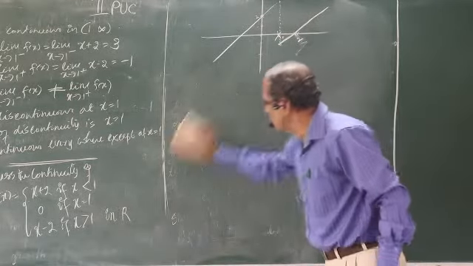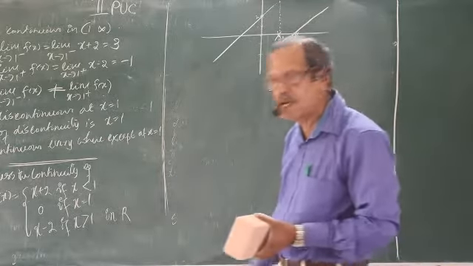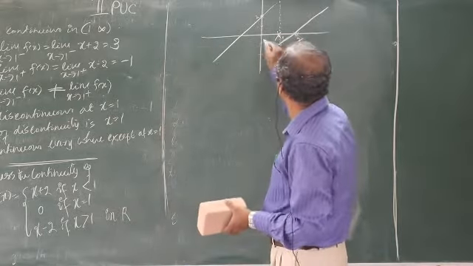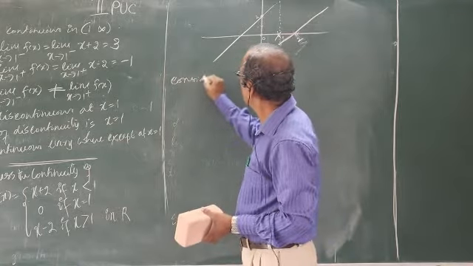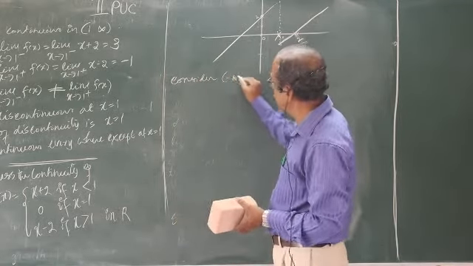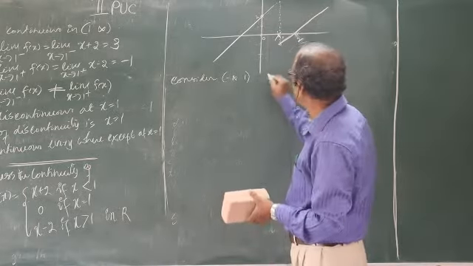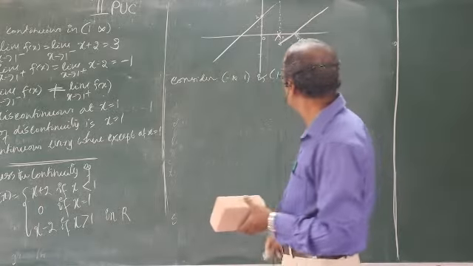Now, in order to verify whether the function is continuous in the entire interval, the entire real number set, what we have to do is consider how many intervals? Minus infinity to 1 and 1 to infinity. 2 intervals.